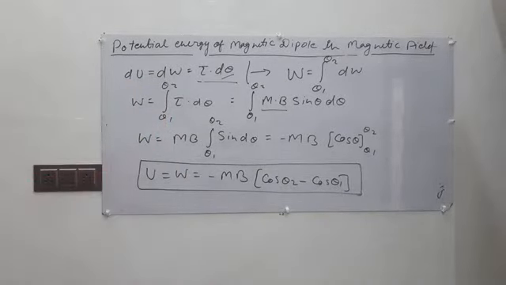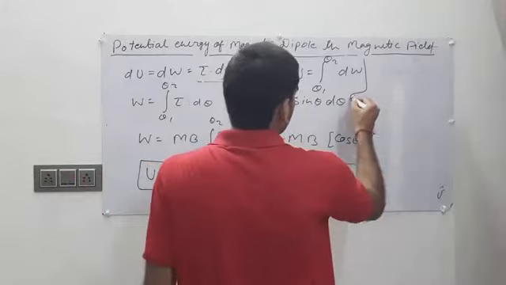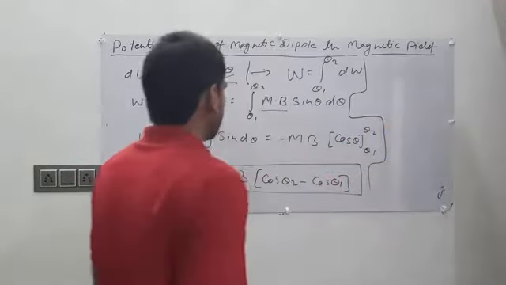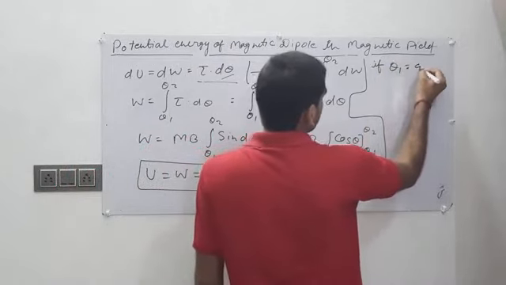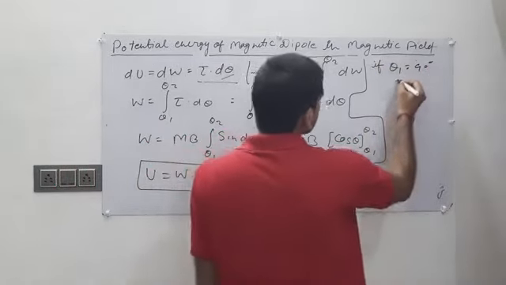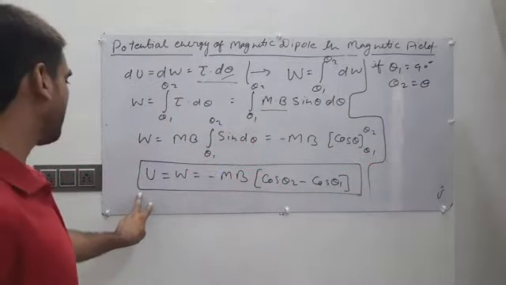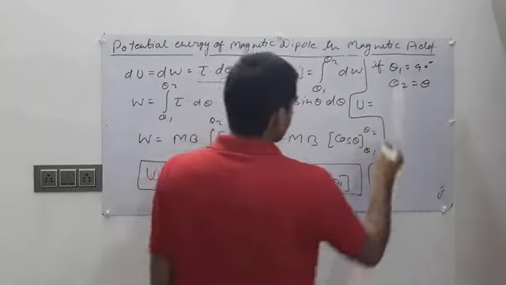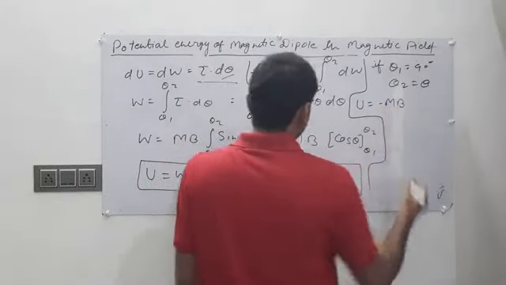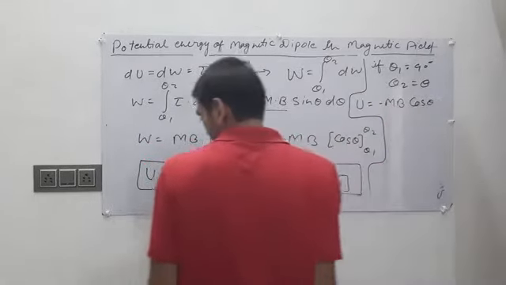theta 1 as 90 degrees and theta 2 equals theta, then our equation becomes U equals minus mb cos theta.